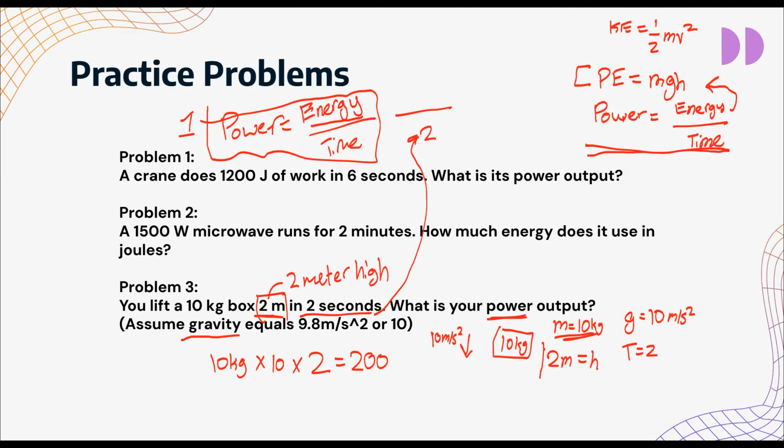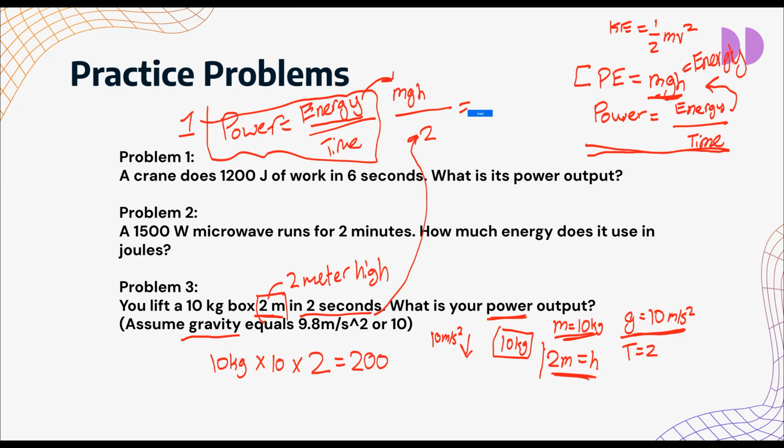So we try to gather as many variables as possible that we are given, right? So we have the mass, we have gravity, and then we have how far it's lifted, right? And since we can relate that to the potential energy, which is also equal to energy, because energy is in the name of potential energy, we can just put mgh up here.